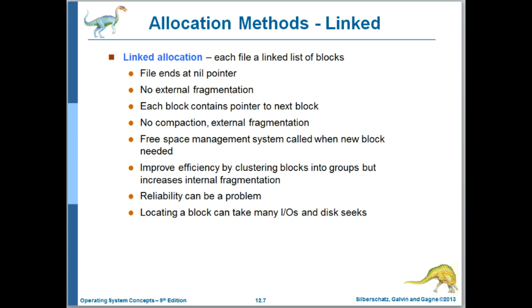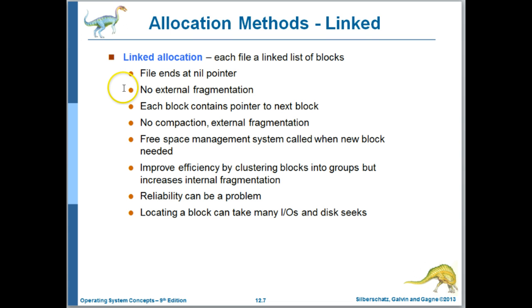So the next approach is linked allocation, in which each block contains at its beginning a pointer to the next block. So again, it's just a linked list of blocks. This is similar to, if you think about it, paging, because the blocks for a file can be spread out over the entire disk drive.